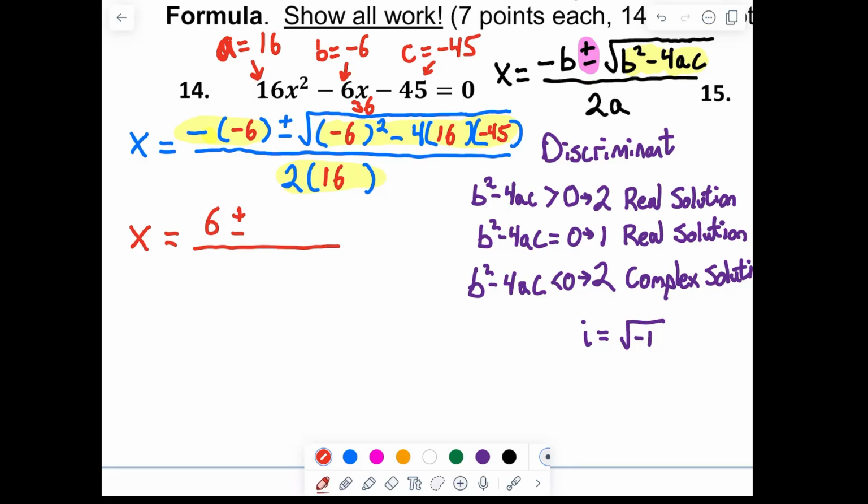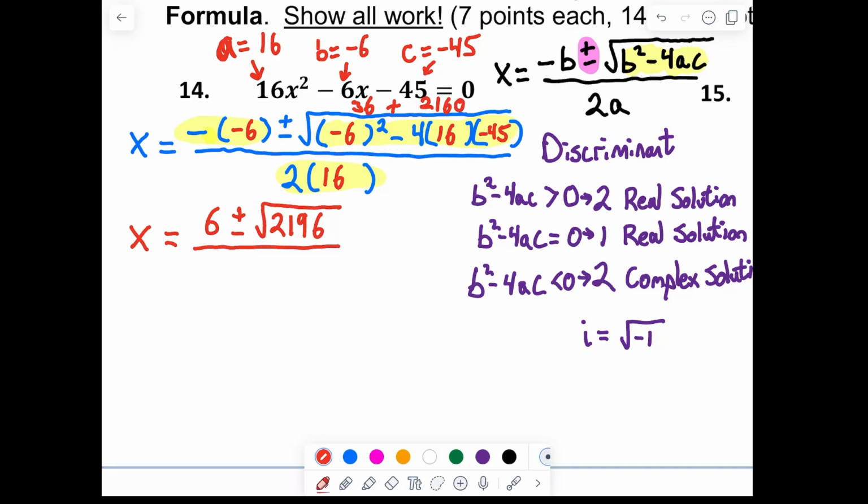And then plus or minus, let's see what this discriminant is. It's a pretty large number here. -6 times -6, that's 36. Sometimes I like to just write that above my square root, just so I keep those numbers in mind. And then -4 times 16 times -45. Okay, well, that's going to be a pretty big number. Just plug all that into my calculator.